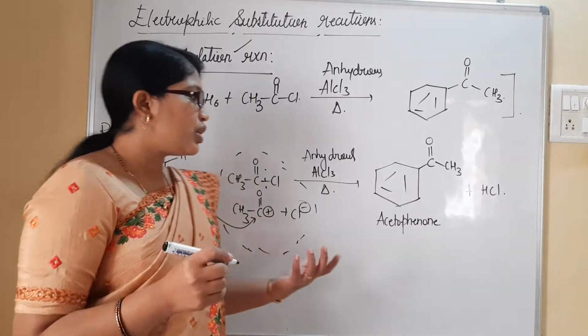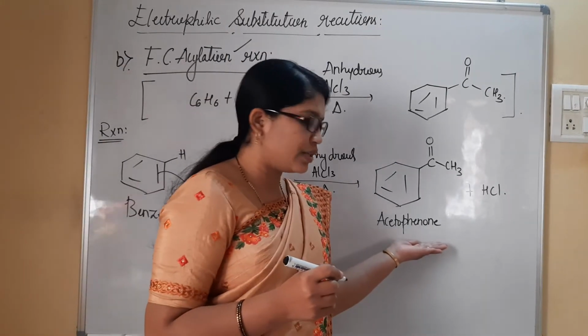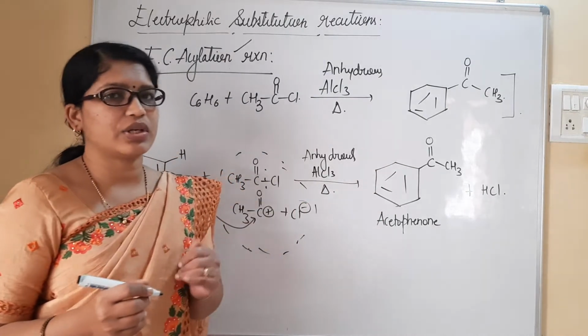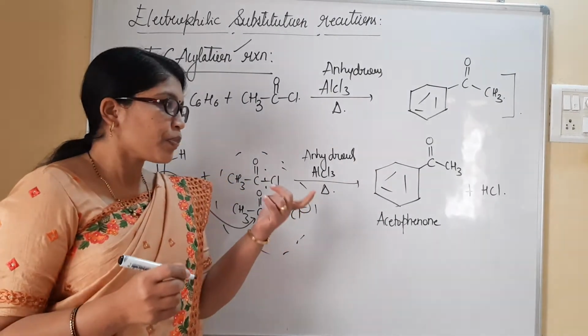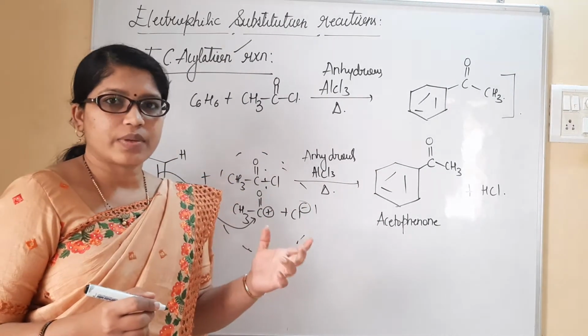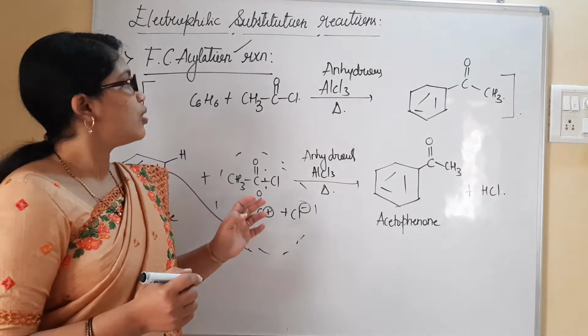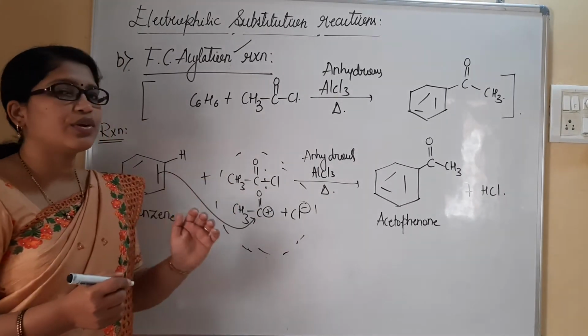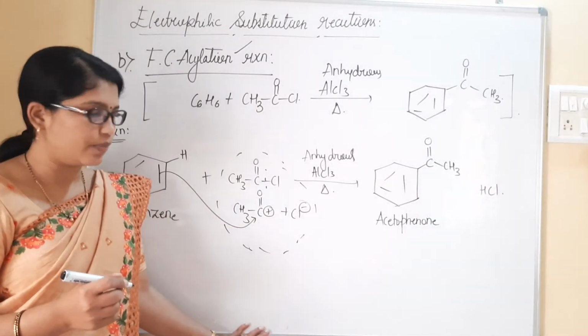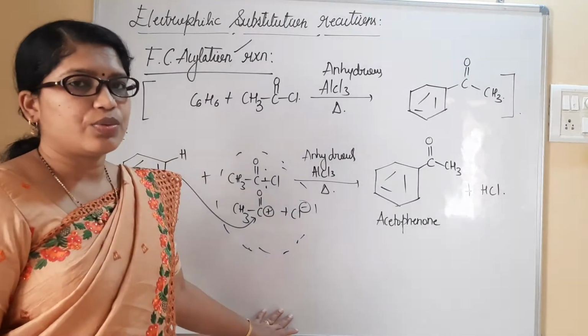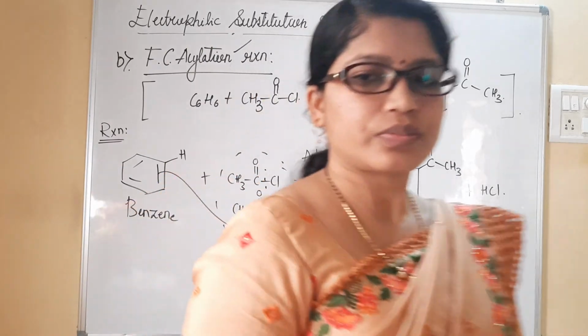In acylation reaction, we have obtained acetophenone. In alkylation reaction, we have obtained alkyl substituted benzenes. So these are the main differences between the two. It is also referred to as one of the electrophilic substitution reactions. Please do copy this. I'll move to the next part.